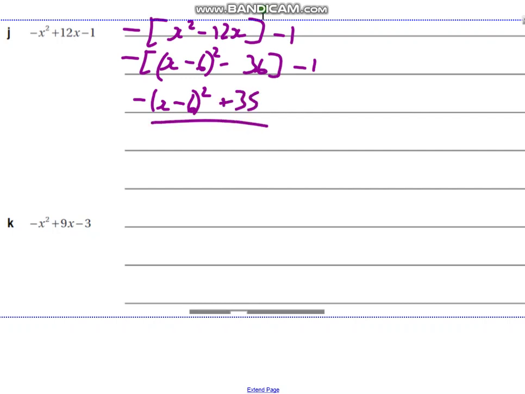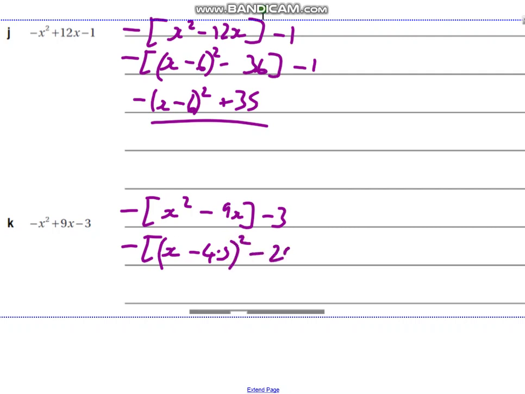Okay, this one again, cheeky factorise, take the minus 1 out, so x squared minus 9x there, minus 3, and now we're going to have a decimal here, so x minus 4.5 all squared minus 20.25.